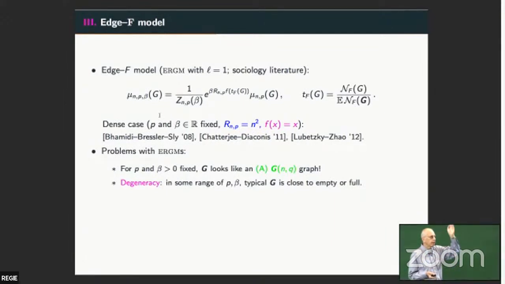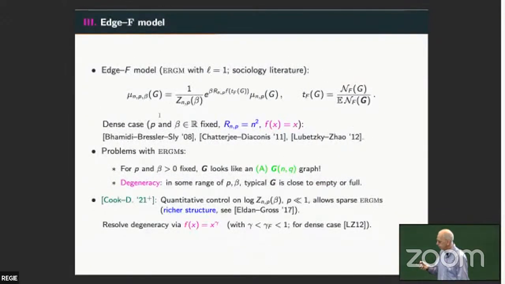So you change your parameters, and you end up with either a complete graph or an empty graph. And that's not a very exciting result. So this gave some kind of a disincentive to use these models in an application.